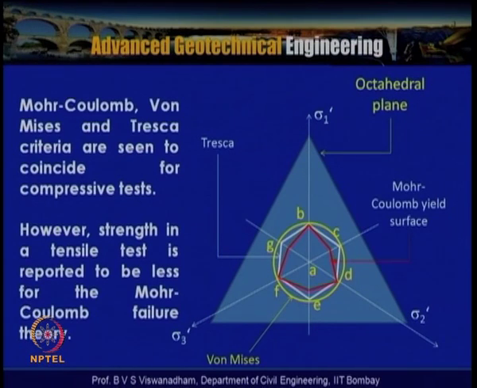The Mohr-Coulomb, von Mises and Tresca criteria are seen to coincide for the compressive test. The different failure surfaces are shown here on the octahedral plane: the Tresca surface, the Mohr-Coulomb failure surface, and the round one, which is the von Mises failure surface, a circular cylinder.